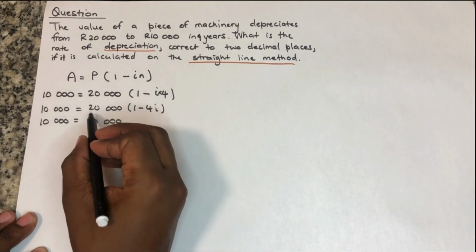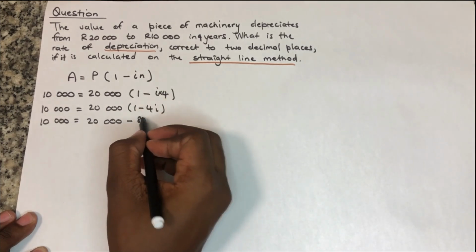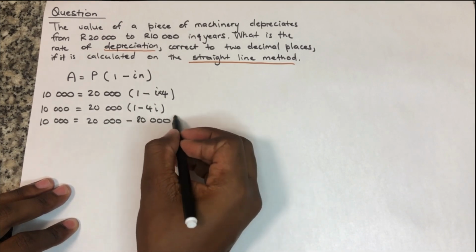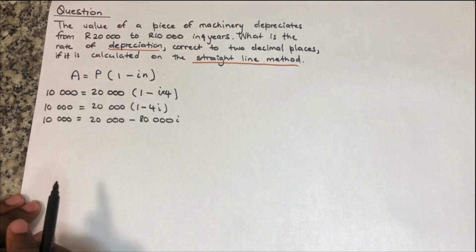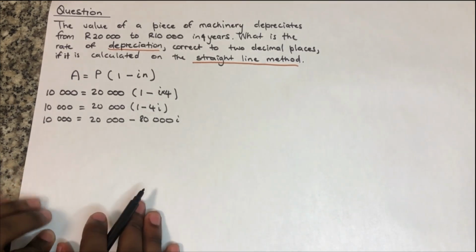So that's going to be 20,000 multiplied by negative 4i, which is minus 80,000i. Let's group the like terms so that you can find the value of i, which is the interest.